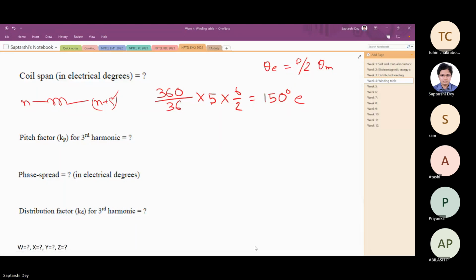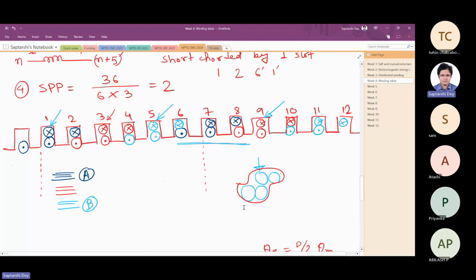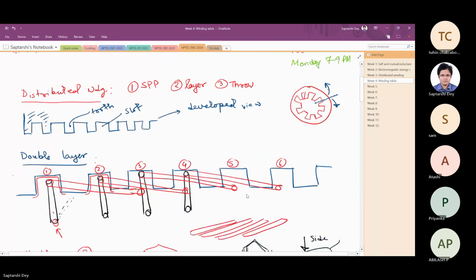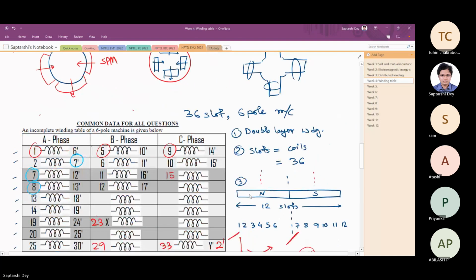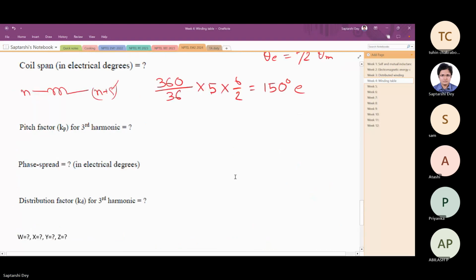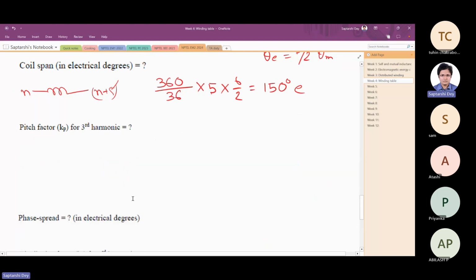If you have understood the discussions we had so far, this is very well understandable. All right. So the next one is pitch factor for third harmonic.